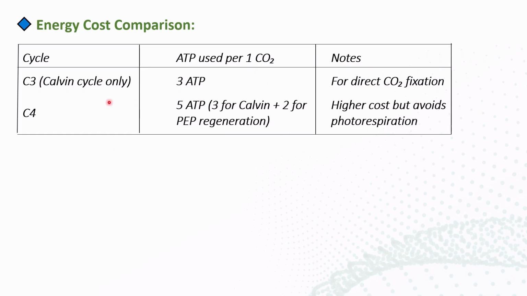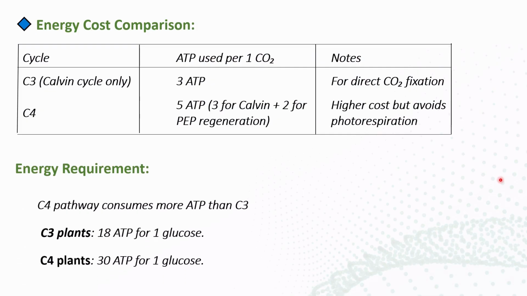Another difference is that the C3 cycle is used for direct CO2 fixation, whereas the C4 cycle costs more but avoids photorespiration. These are the main differences in energy cost comparison.